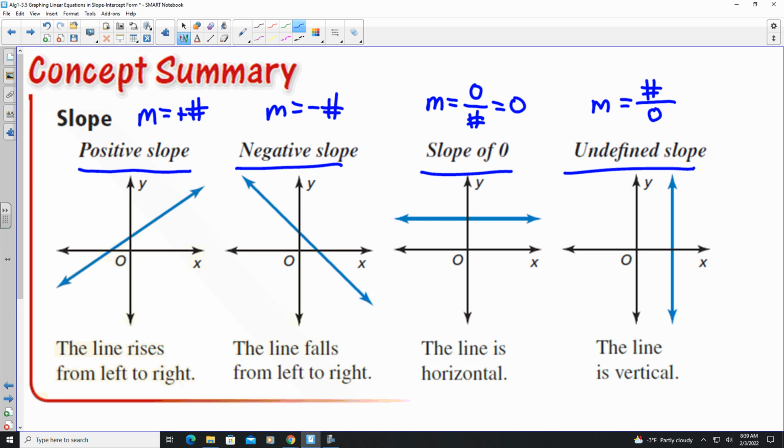If you ever punched into your calculator any number divided by 0, you got some kind of syntax error or domain error or something along those lines. That is an indicator that your slope is undefined. Another way of looking at it is if you have a slope of 0, the line is horizontal. If you have an undefined slope, the line is vertical.